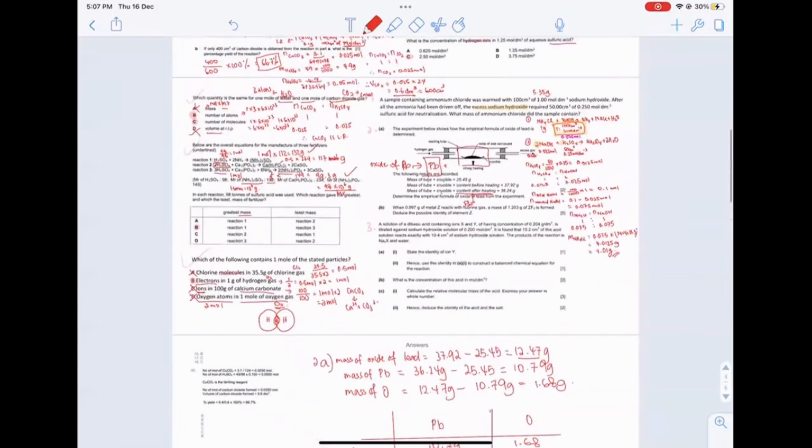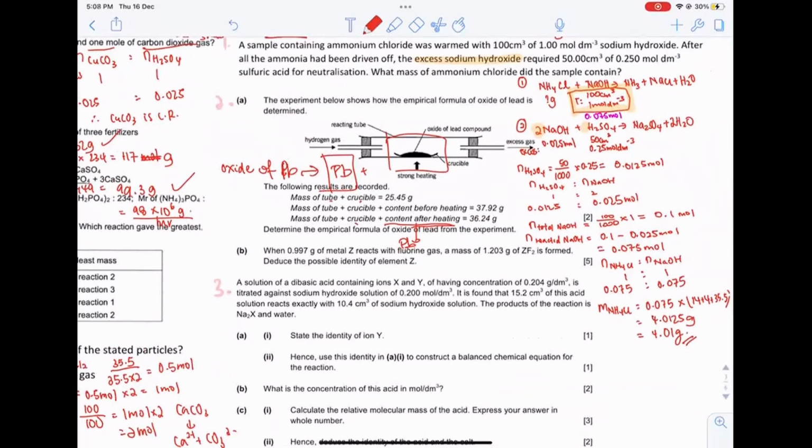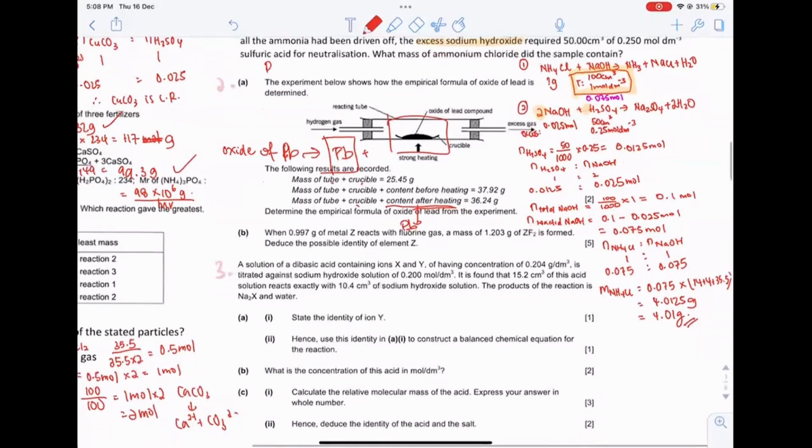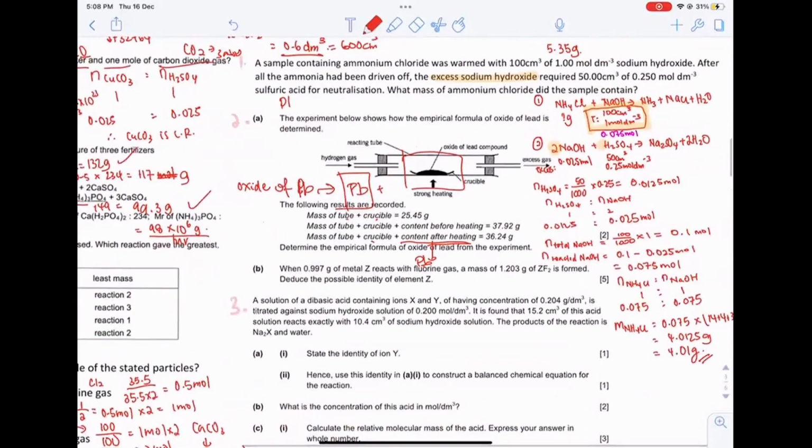He is asking, how come the content after heating is less than the content before heating? It's because the formula, what was our empirical formula? PbO2. So it's PbO2 plus hydrogen will give you Pb plus H2O. Okay, so what will happen?